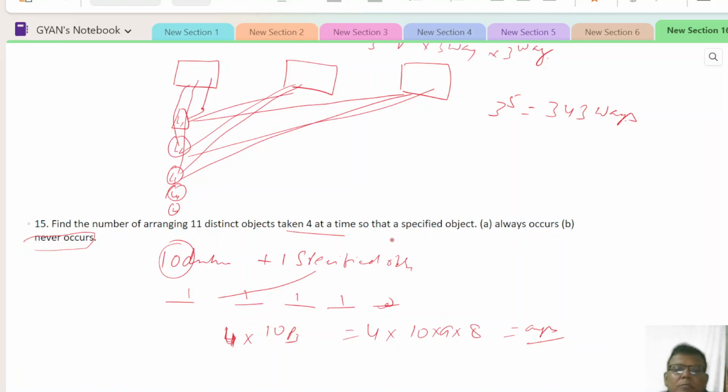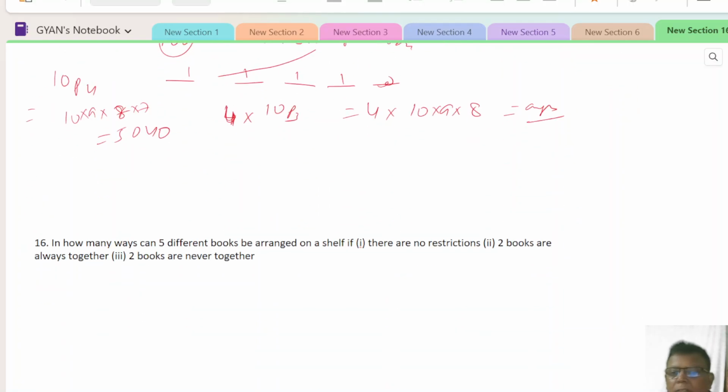Only 10 objects are there and 4 places. So 10P4. The answer is 10 into 9 into 8 into 7, that is 5040. This is the answer.